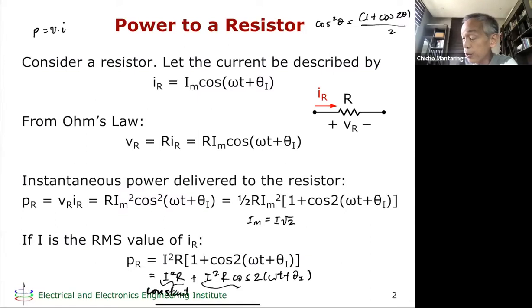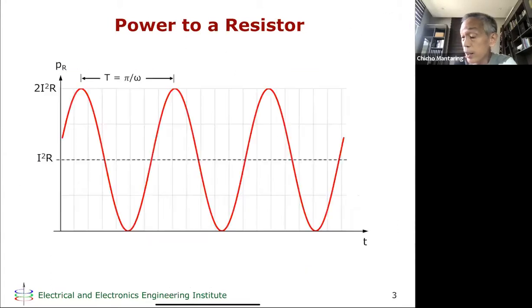And then this is a sinusoid. So this is the constant, and then on top of this, we add a sinusoid.